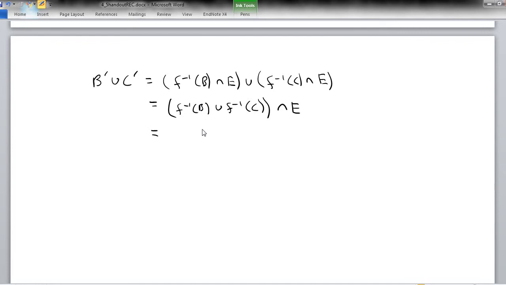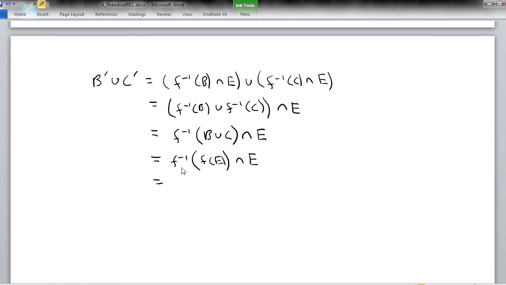All right. The next step is just like before. The union of f inverse of B and f inverse of C is the same thing as f inverse of B union C, because to be in either of these sets, f of x has to either be an element of B or an element of C. Okay. So we have that intersect E. And then remember, we assumed that B union C was the entire set f of E. And we're almost there.